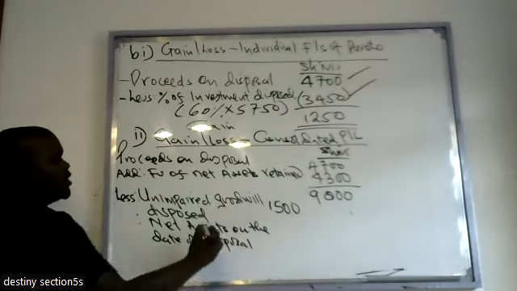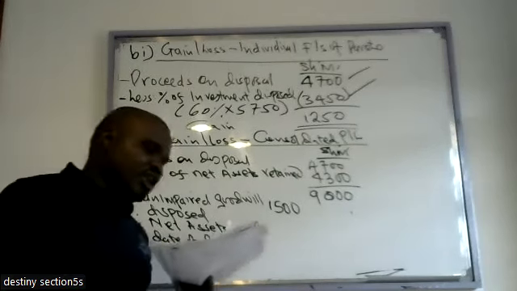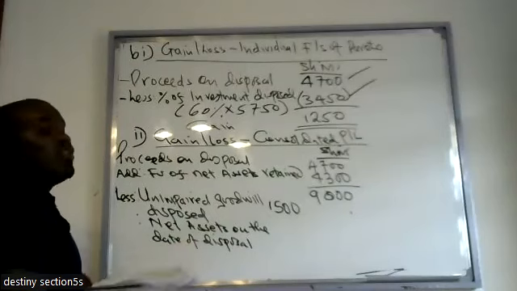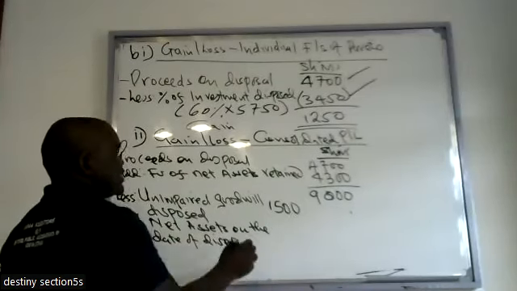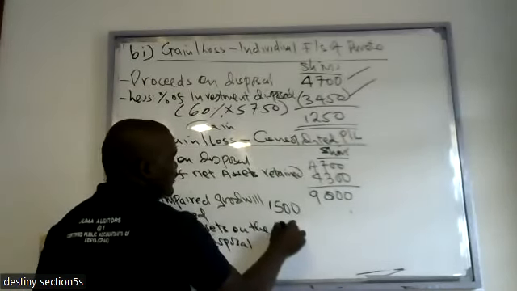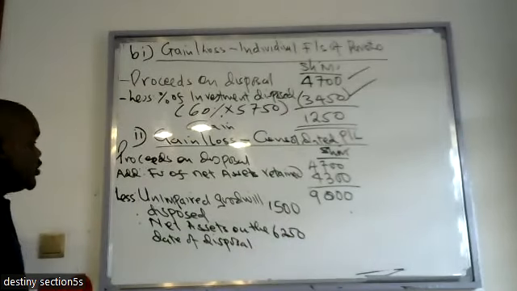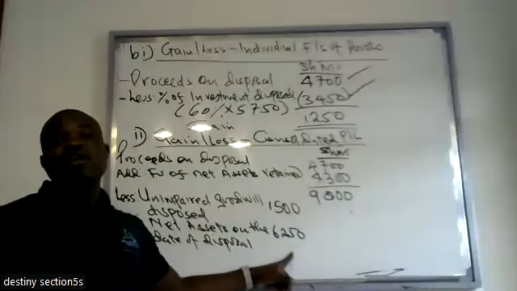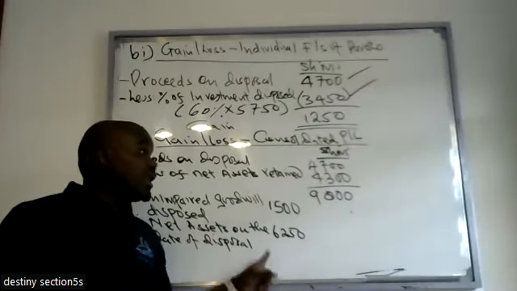The fair value of the net assets on the date of disposal, note 4, they said it was 6250. When they were selling, the value of their net assets was 6250. Then you less of these two, goodwill and assets, minority also come in here.